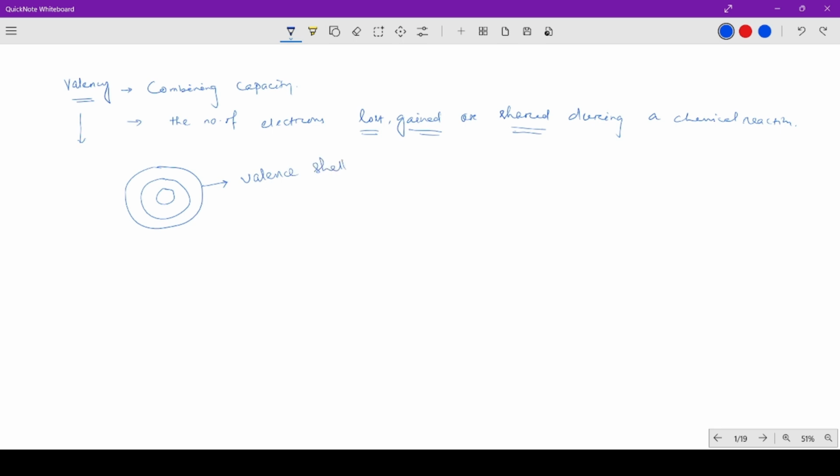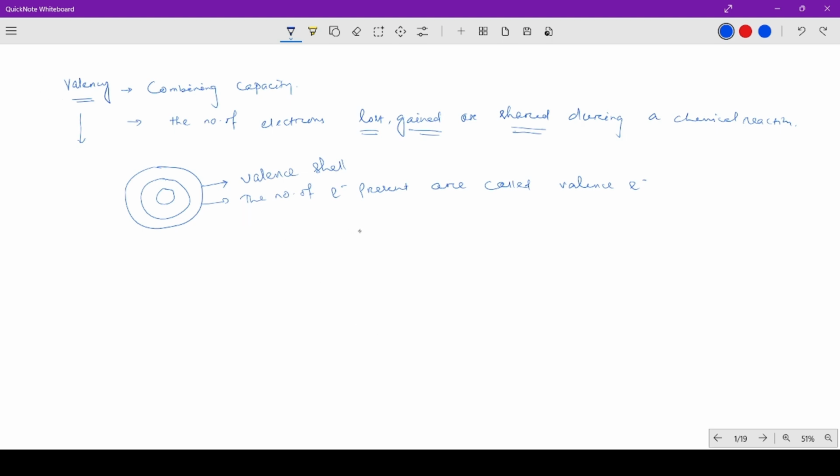The number of electrons present in here are called valence electrons. Hence, as valency is because of the loss, gain, or sharing of electrons from the valence shell, that's why the term valency is used.